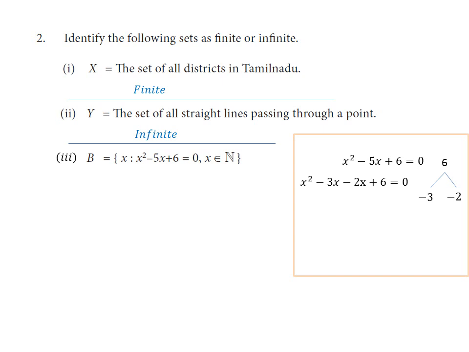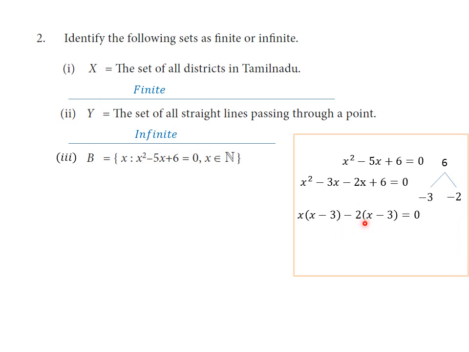We can take x from the first two terms. Taking x out, the balance is x minus 3. From the next two terms, minus 2x plus 6, I am taking minus 2 out, you will get x minus 3.